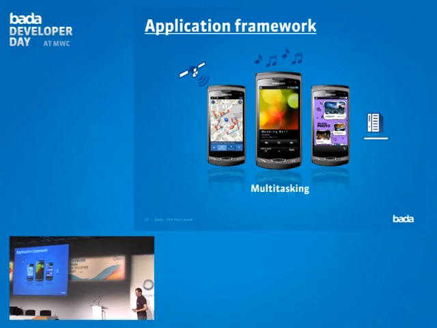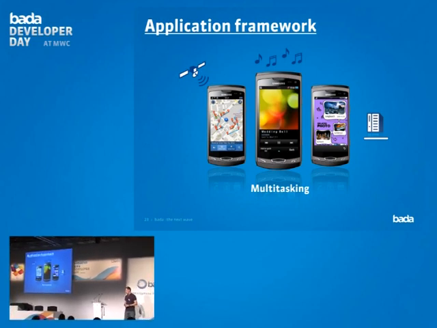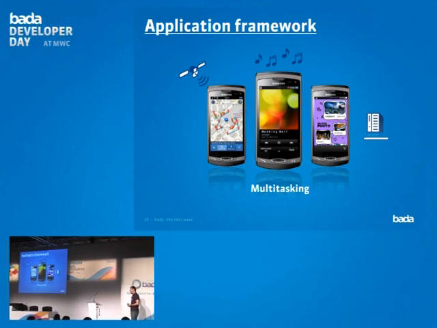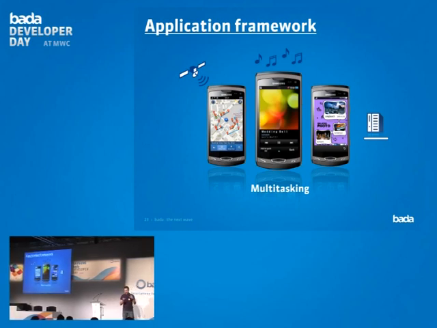The first one, and this is something which I'm actually quite proud of, is that in bada 2.0 we now support multitasking. The reason why I'm so proud of this is because the developers actually were crying out for multitasking. And of course you can understand that multitasking is some sort of a trade-off between having total multitasking and being concerned about performance.